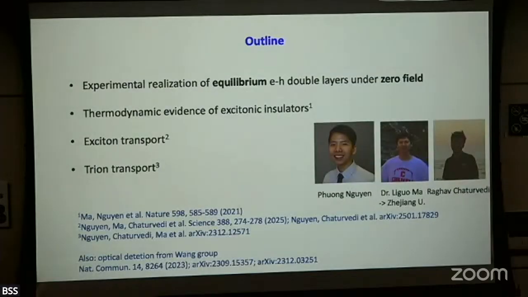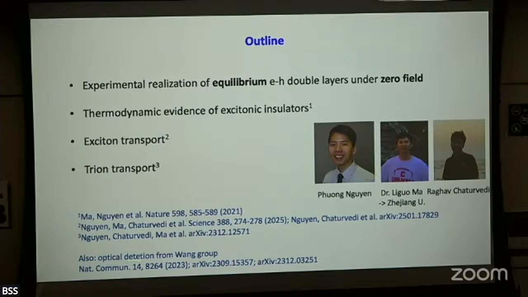So I will mainly talk about this platform that allows us to reach equilibrium electron-hole at zero magnetic field, and show you some thermodynamic measurements of the system to show that we really have an excitonic insulator, and then maybe show a little bit of transport results on excitons or even three-body bound states, which we call trions. And this is mainly the thesis work of this student.